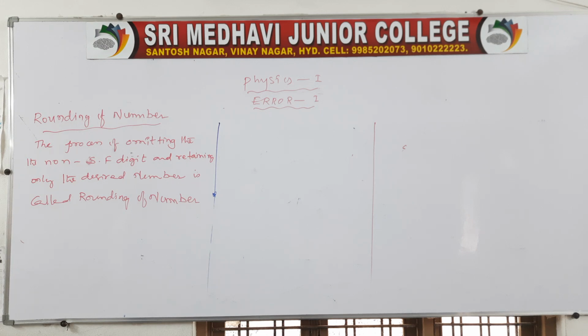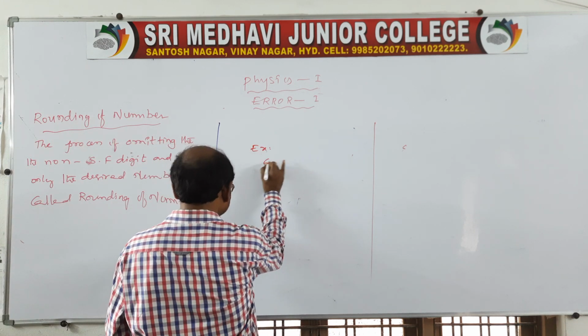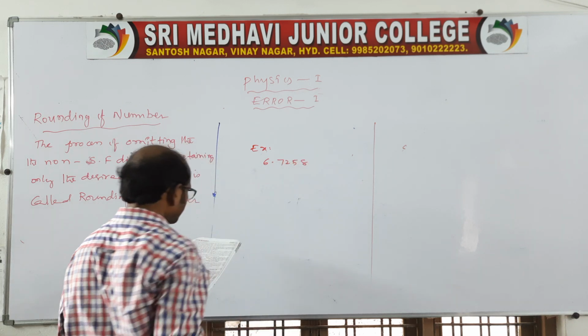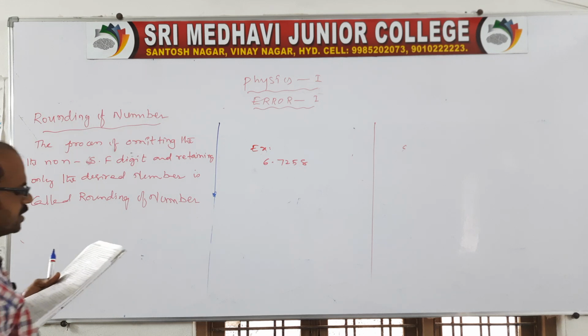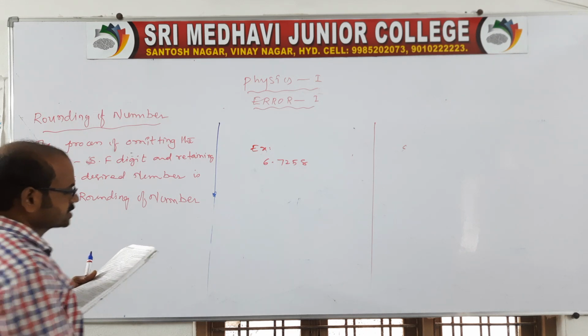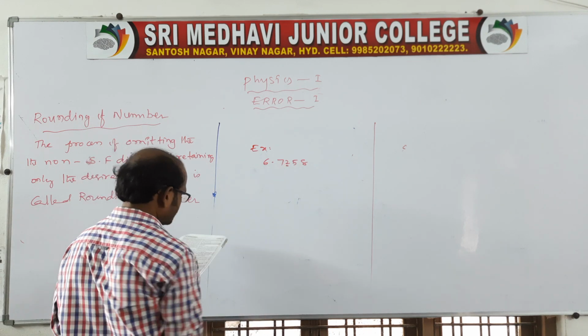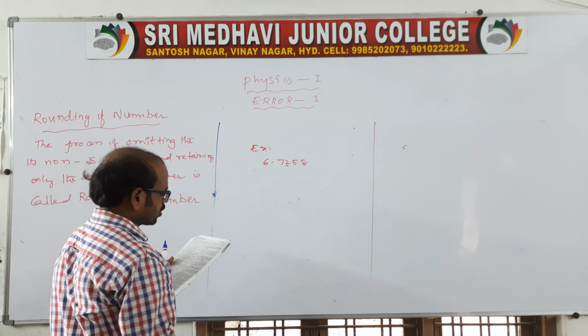Suppose there is one example problem. See, an example is given like this: 6.7258. Now we have to round off. The preceding digit is even. So if it is even, that is the preceding digit, then the remaining digits are immediately dropped.